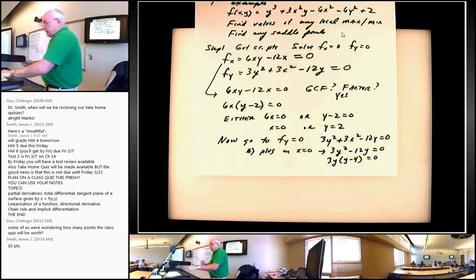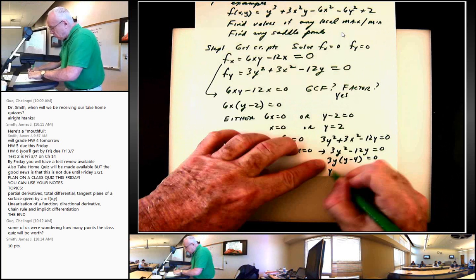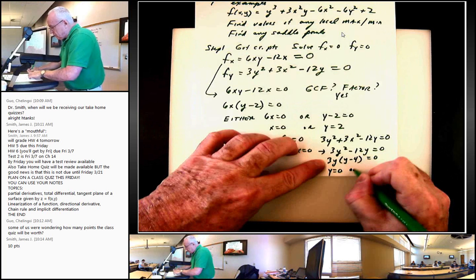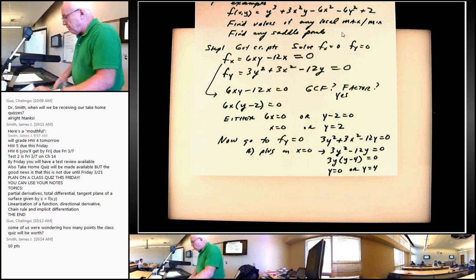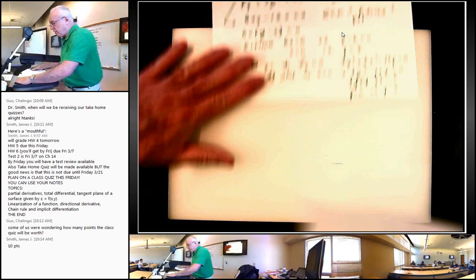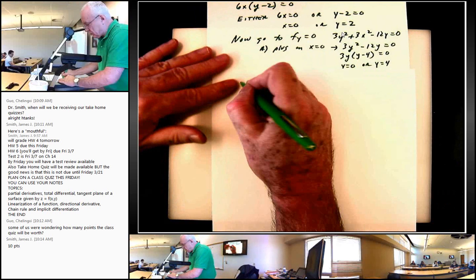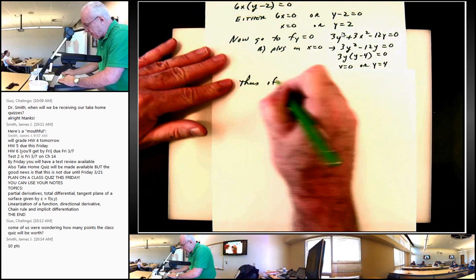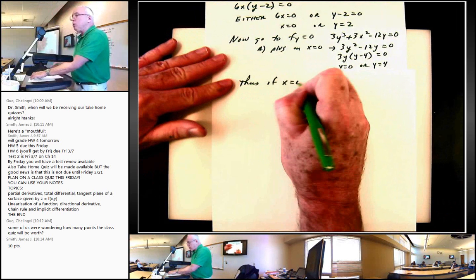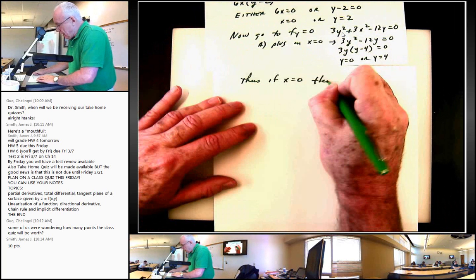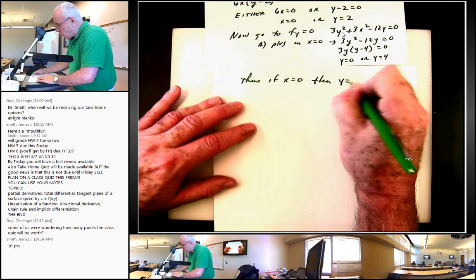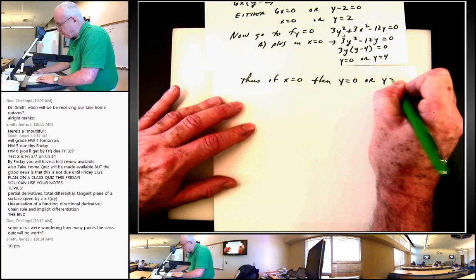We either get that y is equal to 0 or y is equal to 4. All right, so let me recap what we have found out so far. Thus, if x is equal to 0, which is what we plugged in, then y is equal to 0 or y is equal to 4.